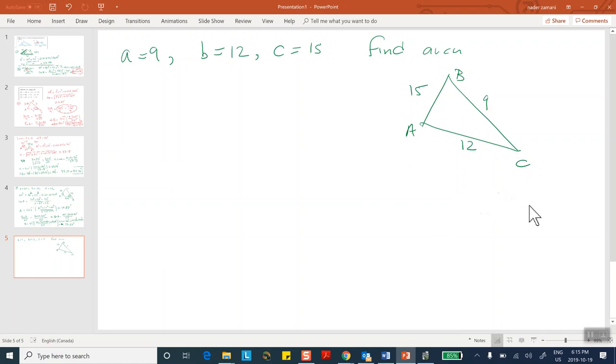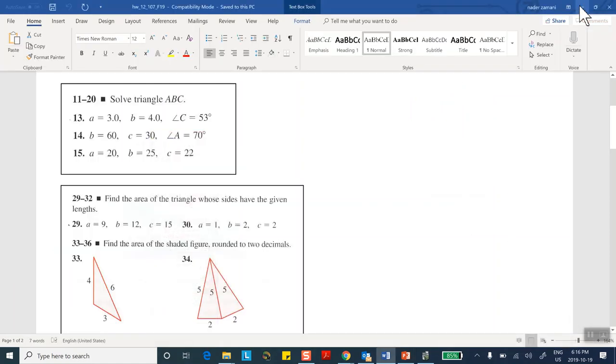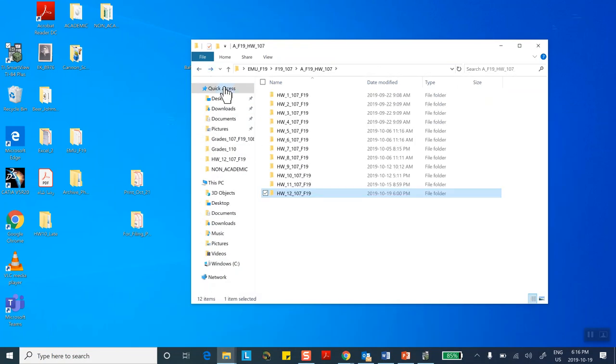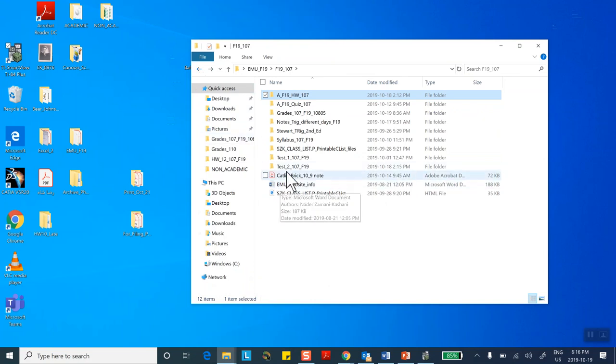So what we need here is the area. I can't remember whether there's a formula I presented to you for the area to plug in.